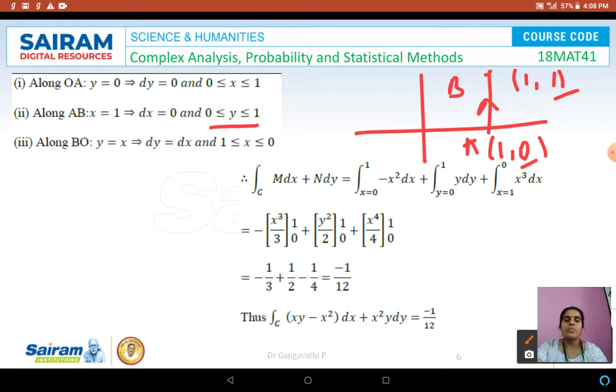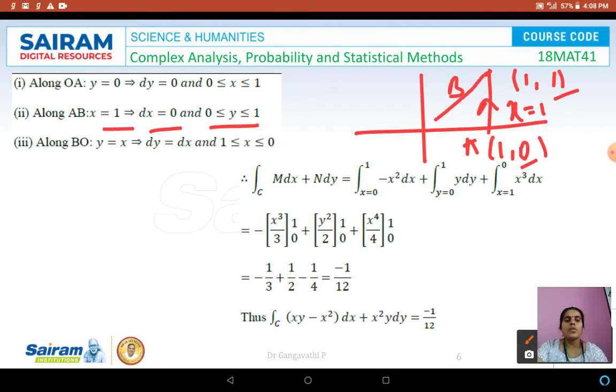So y varies from 0 to 1, and the equation of the line A to B is x is equal to 1, because it is a line parallel to the y-axis at a distance 1. So x is equal to 1, and on differentiating we get dx is equal to 0, and y varies from 0 to 1.